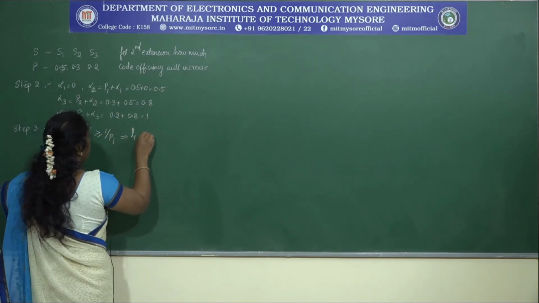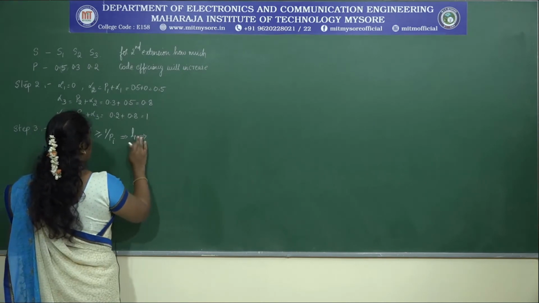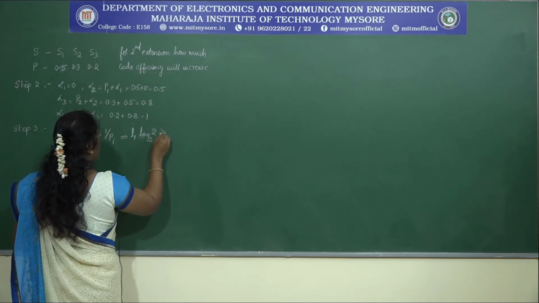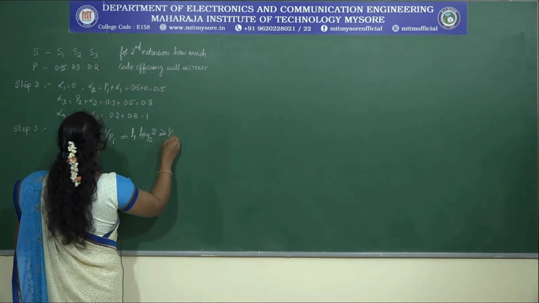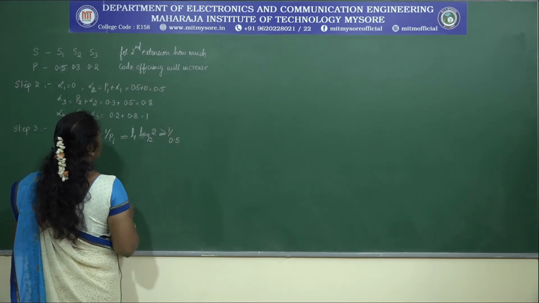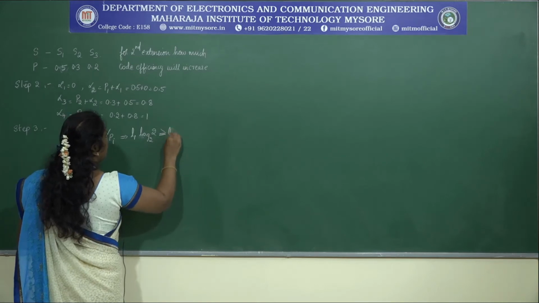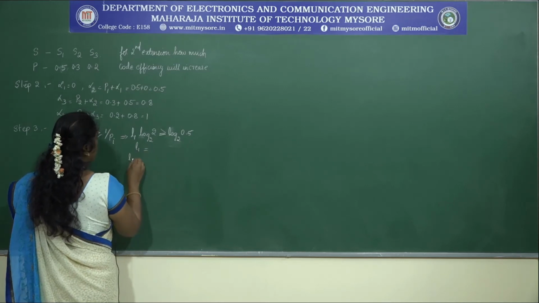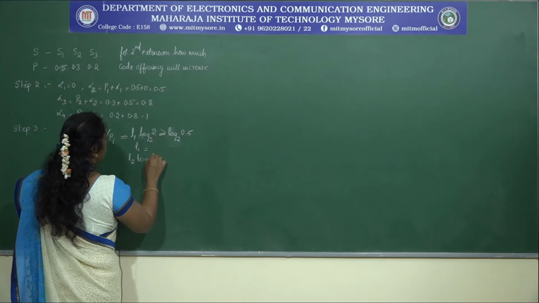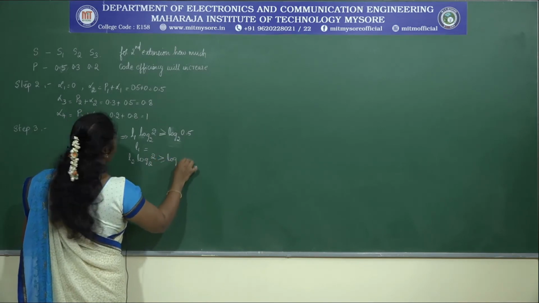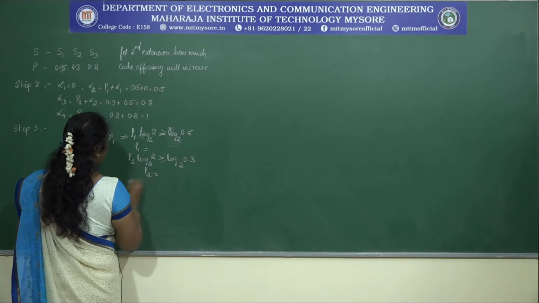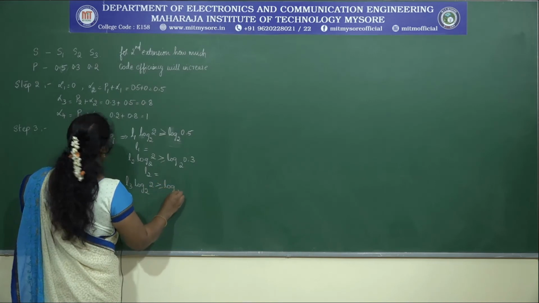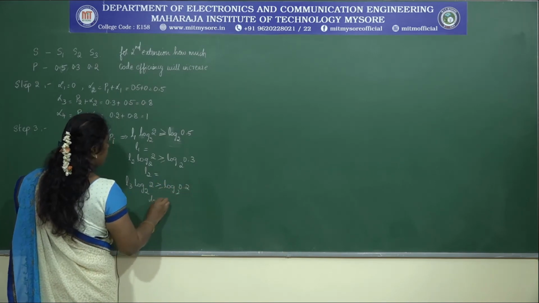For calculating L1, you apply log on both sides: log base 2 of 2 to the power L1 is greater than or equal to log base 2 of 1 by 0.5. If you calculate this, you will get L1. Similarly for L2, log base 2 of 2 to the power L2 is greater than or equal to log base 2 of 1 by 0.3, calculate your L2 value. Then L3, log base 2 of 2 to the power L3 is greater than or equal to log base 2 of 1 by 0.2, so you will get your L3 value.